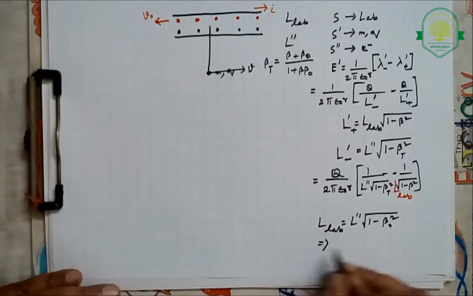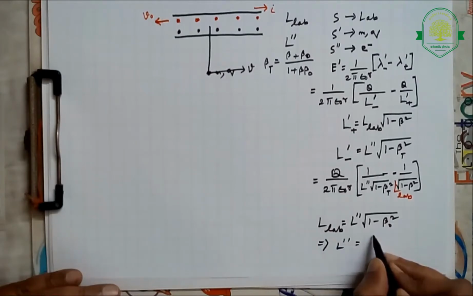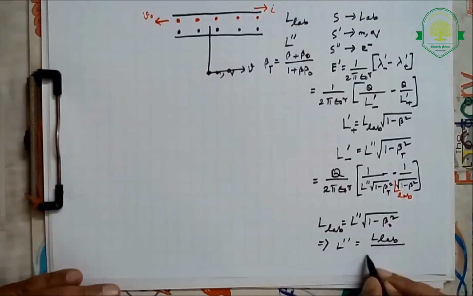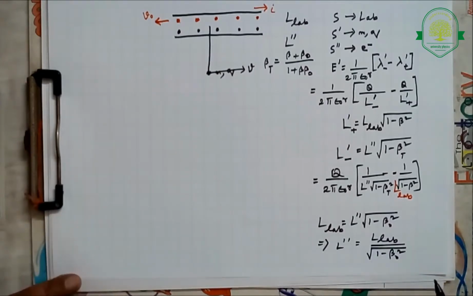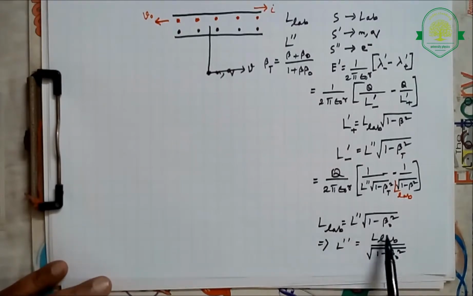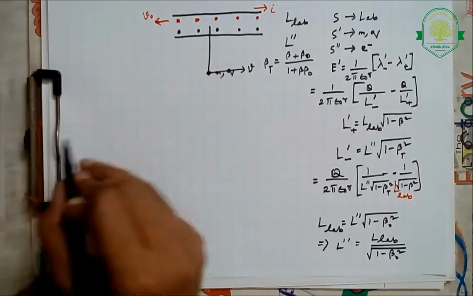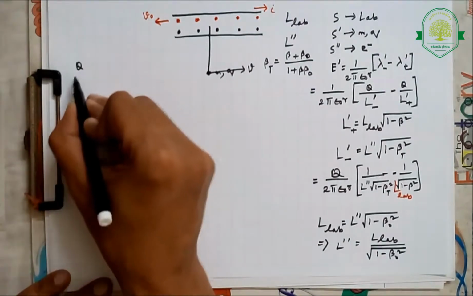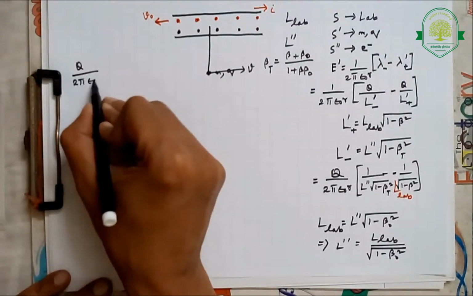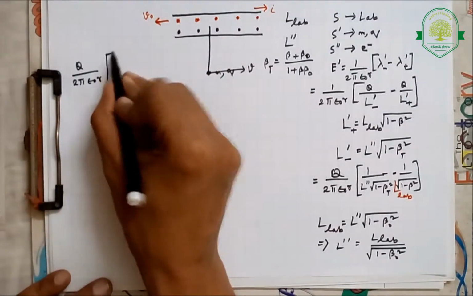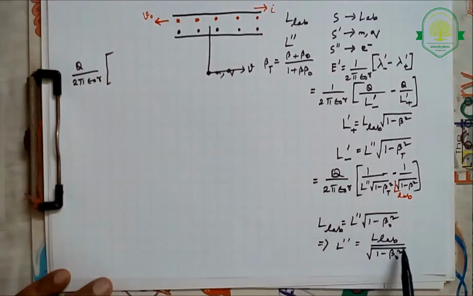So what we can say is that L double prime is just L lab over square root of 1 minus beta naught squared. The idea of this proof is very simple, although we need many steps to get to the final answer. So I'll just substitute the expression for L double prime. If I write it out here, that's just Q over 2 pi epsilon 0 r. Within brackets, in place of L double prime, I'll substitute this.